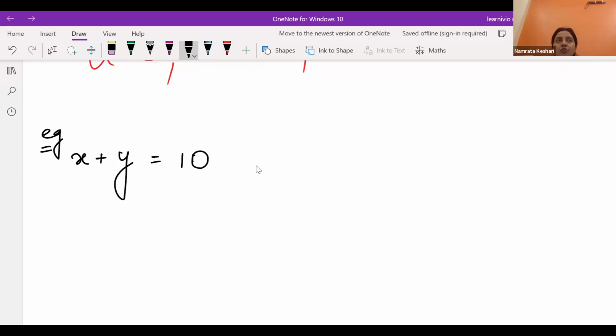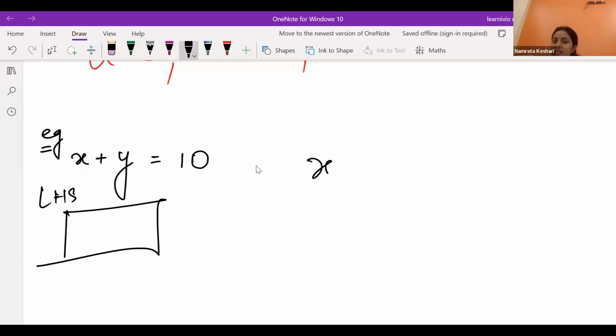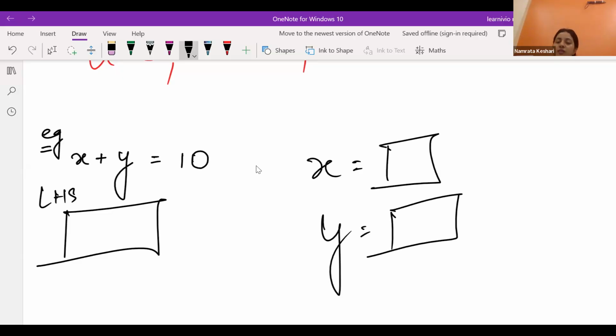Now if I ask you what are the possible x and y values which, when you put them in the left hand side, automatically give you the RHS. What can be taken as x, what can be taken as y? For example, can we take x as 5 and y as 5 randomly?